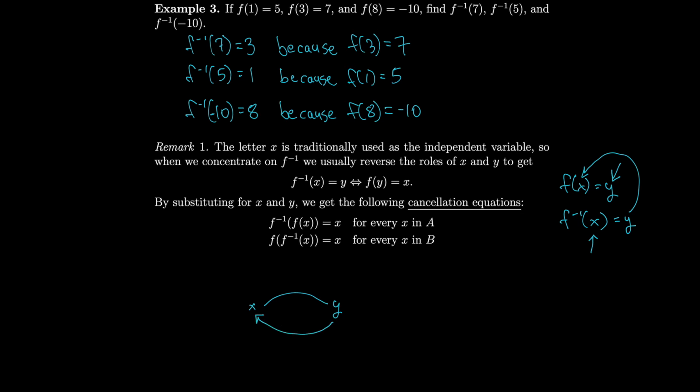So it makes sense that you should return all the way back to x. Similarly, if first you go from f inverse, so first we go this way, and then we go this way, then we still get back exactly where we started, wherever it was. So either way, if we do f inverse of f, we get x. If we do f of f inverse, we get x.